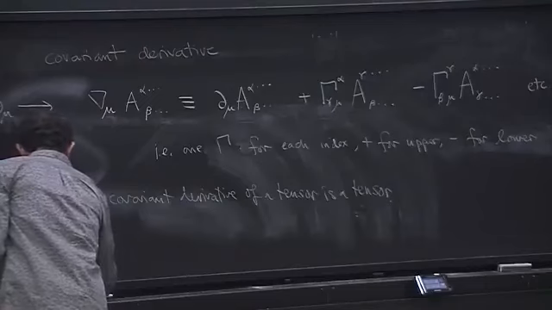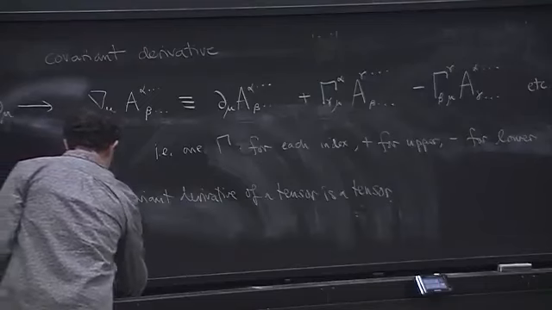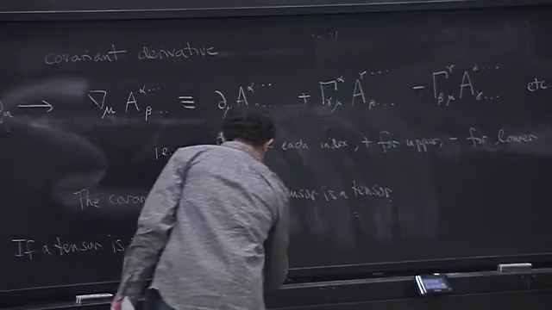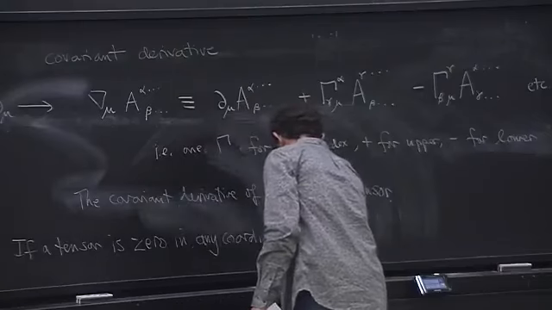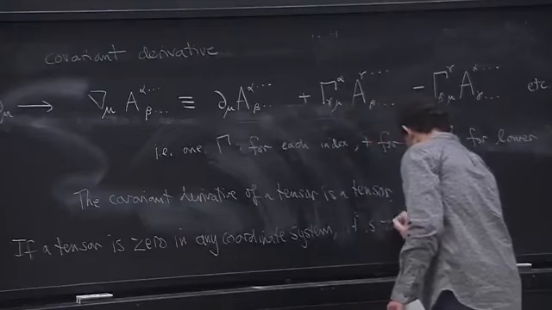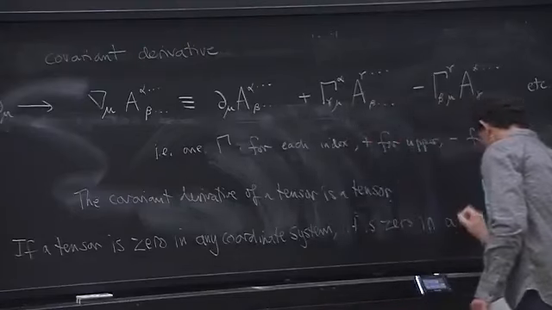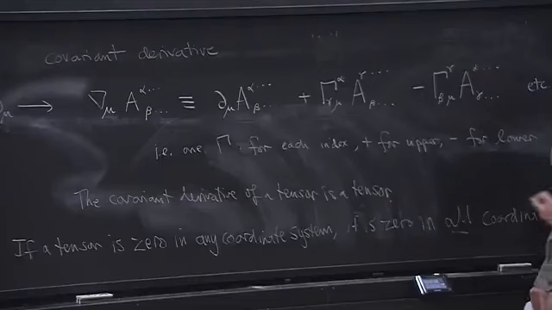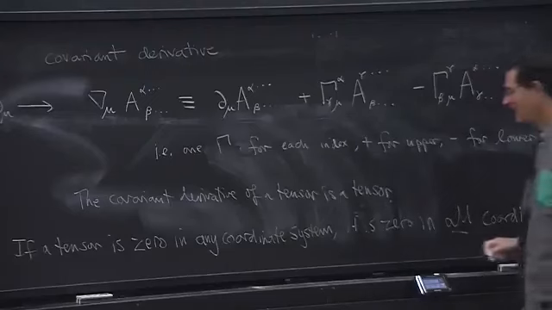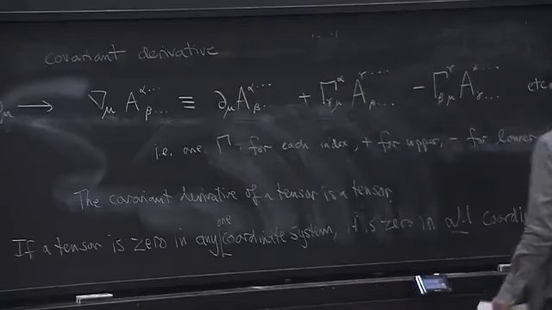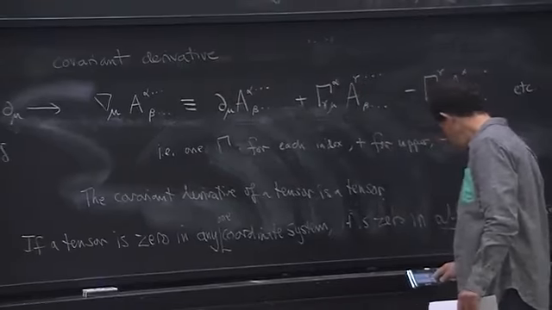If a tensor is 0 in any one coordinate system, then it is 0 in all coordinate systems.